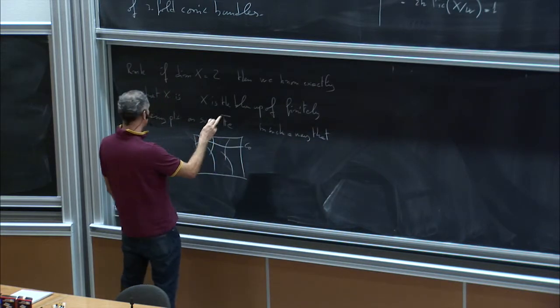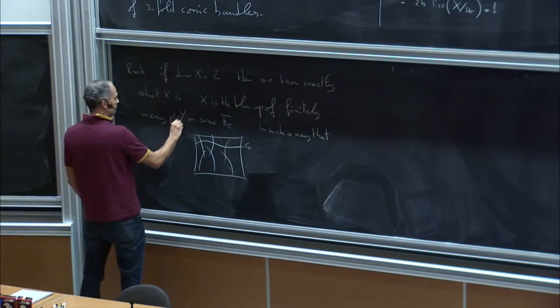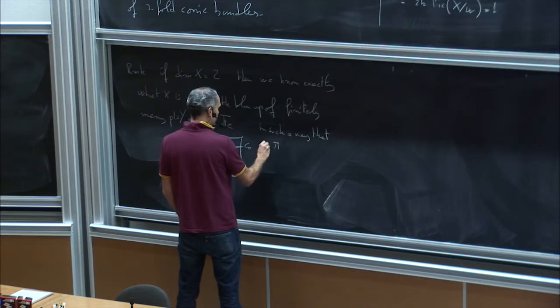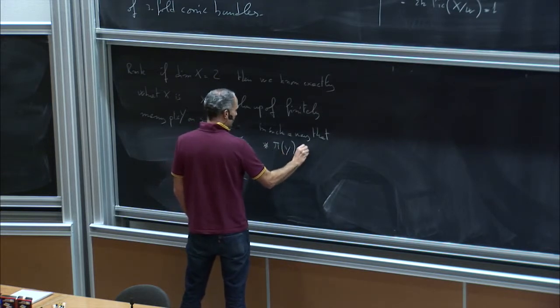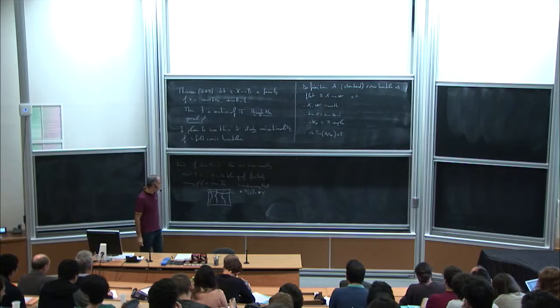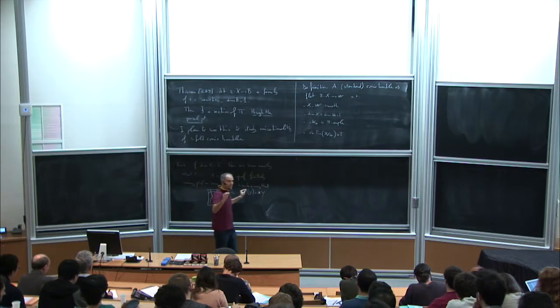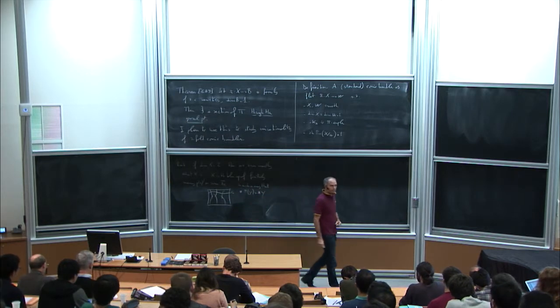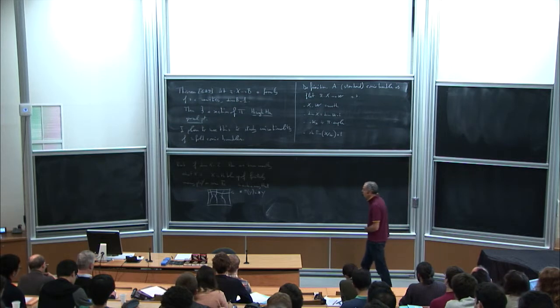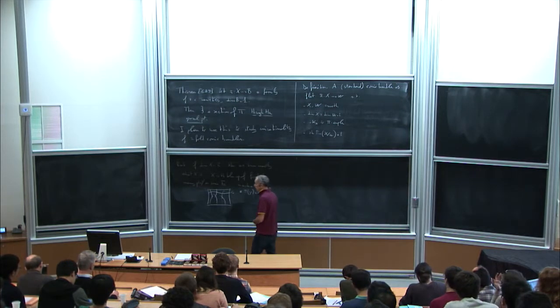That is, of finitely many points y, such that the cardinality of pi of y is equal to the cardinality of y. Okay? So you can only blow up points in different fibers, and then these are the unique conic bundles in dimension 2.